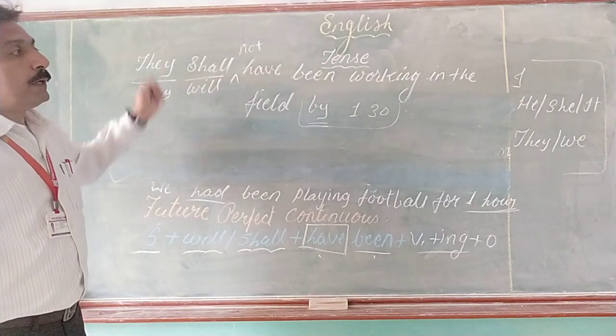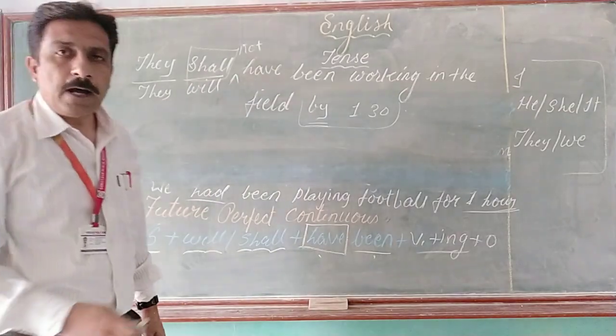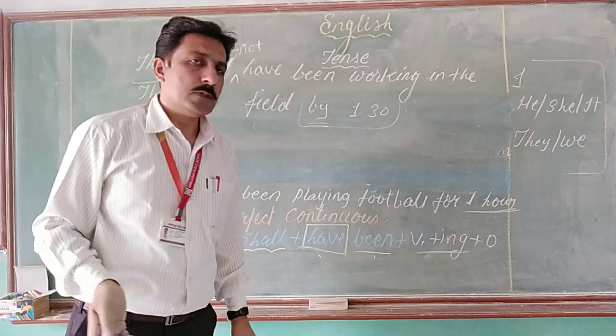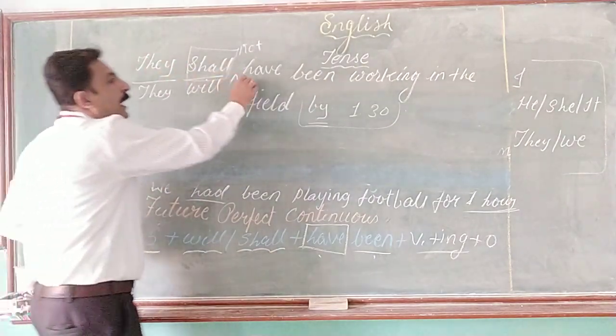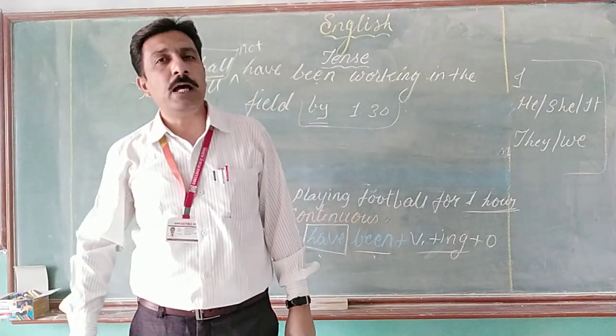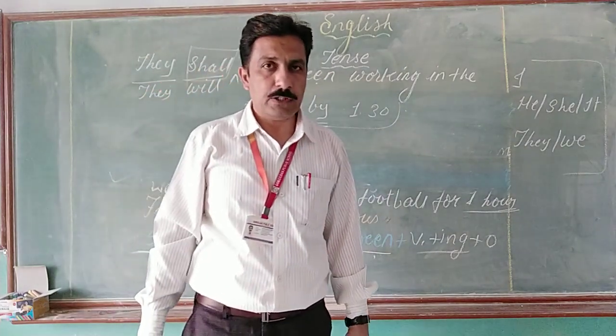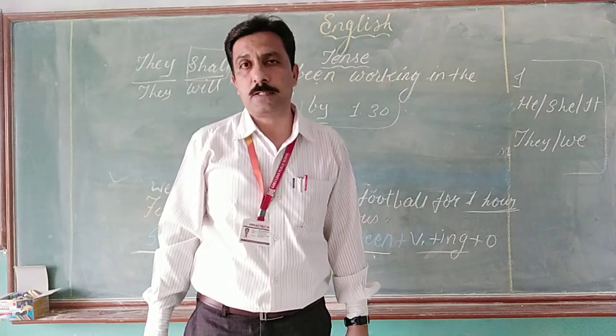Now for an interrogative sentence, the helping verb comes in the beginning. So, shall will come in the beginning. Shall they have been working in the field? This is our interrogative sentence.